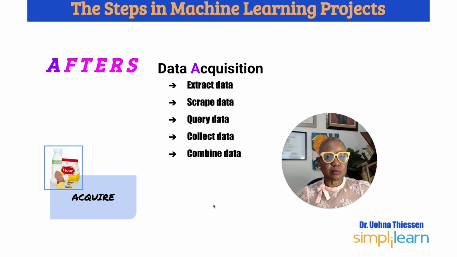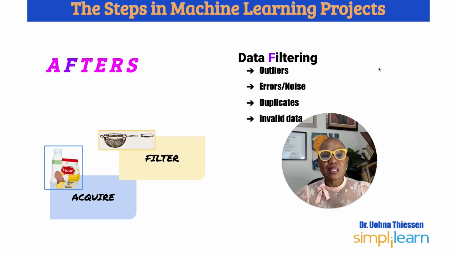Once you have acquired your data, you're going to filter your data, because data always comes messy. It's from real people in real lives, so there's always going to be some outliers. There'll be noise, errors, duplications, and missing values.